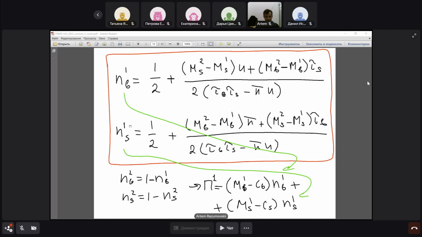So we have the number of buyers and sellers who join platform one as a function of prices and parameters u, tau, p, and those who go to the second market is just one minus the number of those who go to the first platform. So any questions on that?